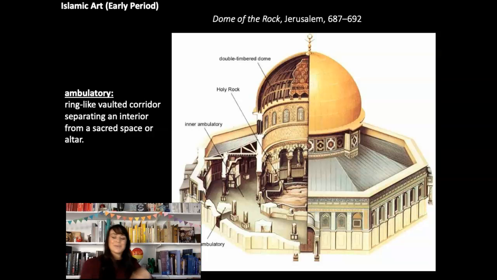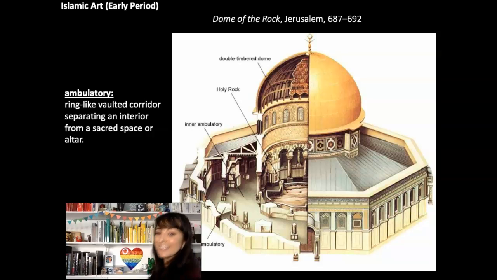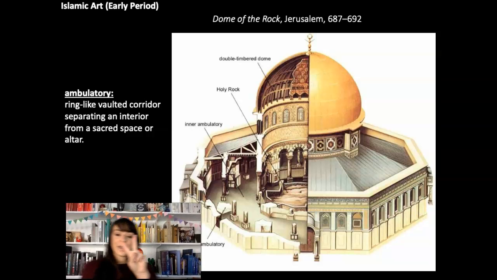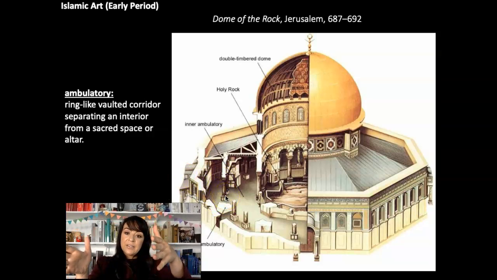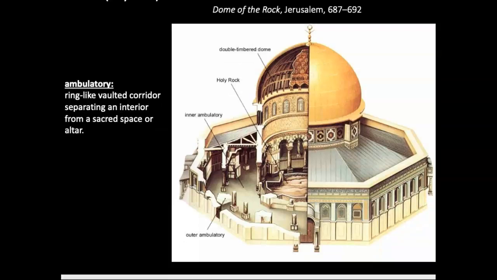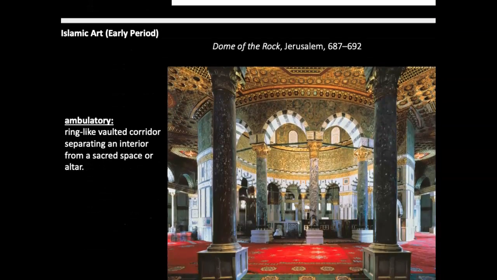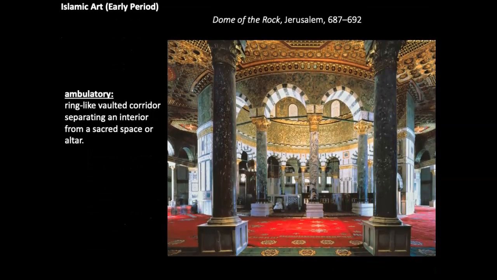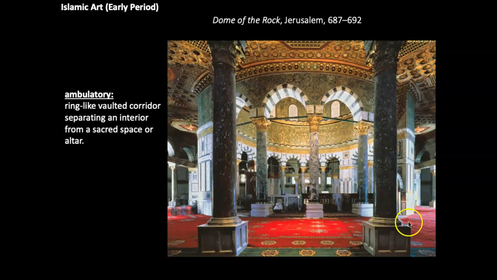You amble around it, the ambulatory. And this one has two ambulatories because the columns here create an inner ambulatory and an outer ambulatory. So here we are standing in the outer ambulatory, and you can see the inner ambulatory.